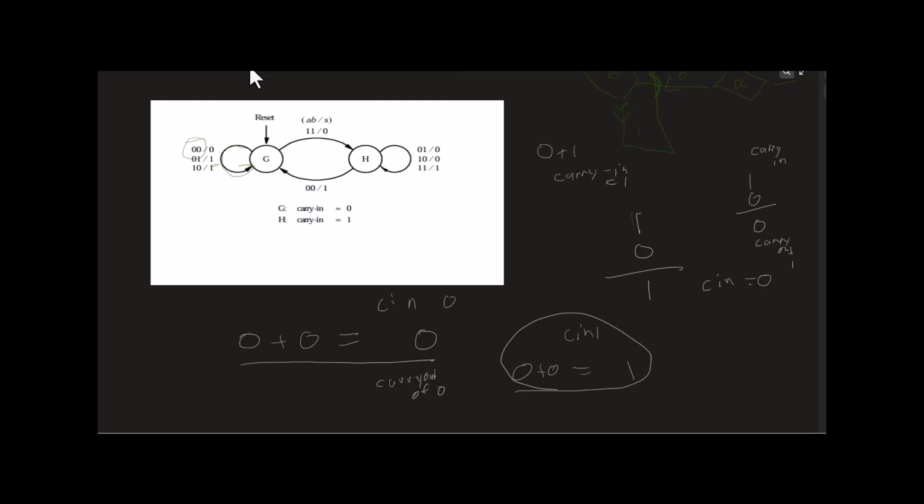That means my sum is 0, but my carry-out is 1. So I would stay here, and that's this top one. So this is just describing how the serial adder works.